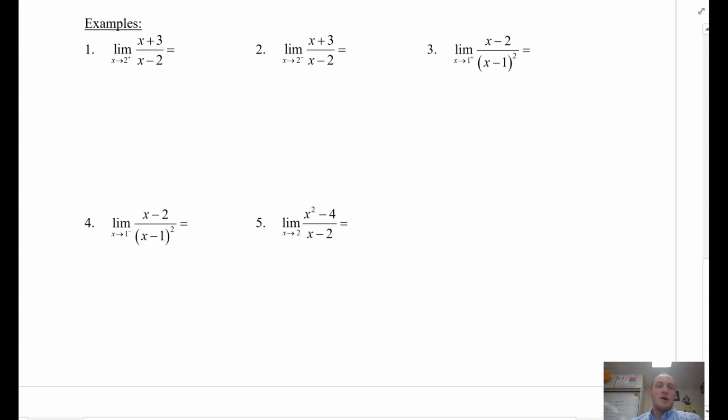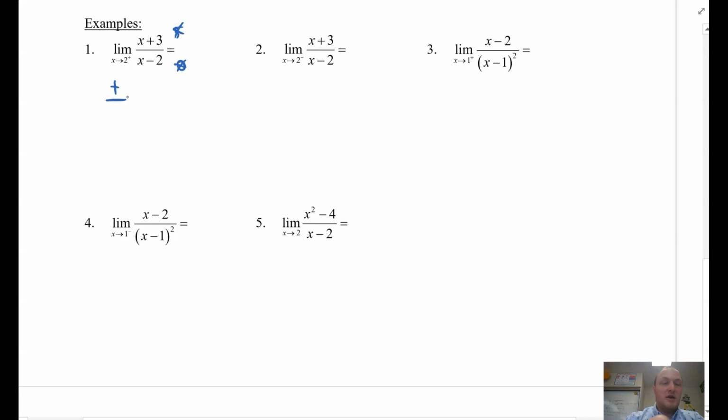Here we have example 1, the limit as x approaches 2 from the right. If we calculate this, we're going to get 5 on top, and on the denominator we're going to get 0. This is undefined. So what we want to do is some sign analysis. I plug in 2 into the top, and 5 obviously is positive.